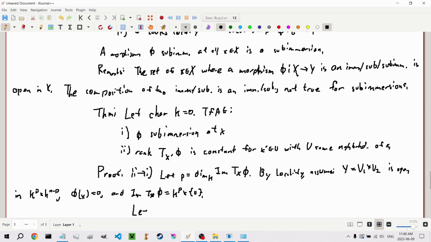Now we're going to let pi be the map from k to the p times k to the n minus p to k to the p, projection on the first factor. Then pi composed with phi is a submersion.